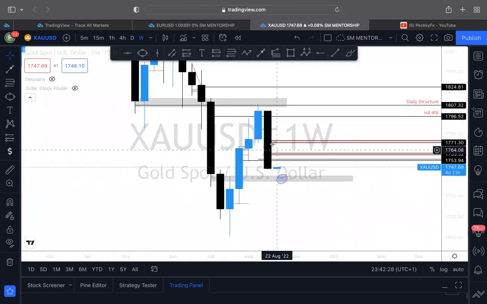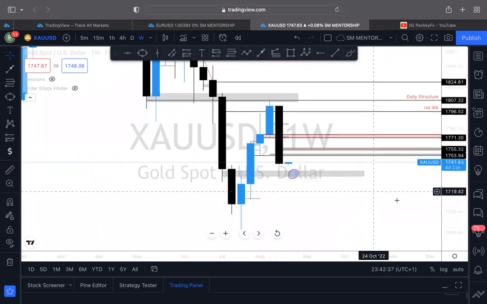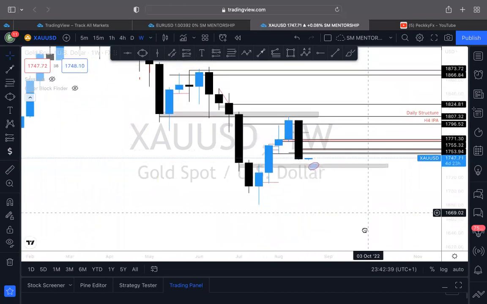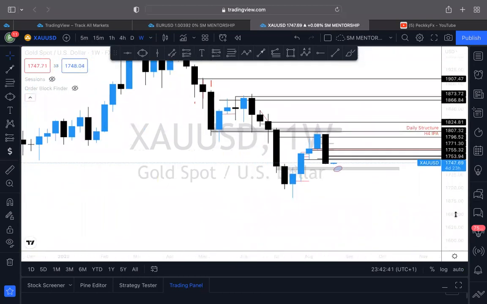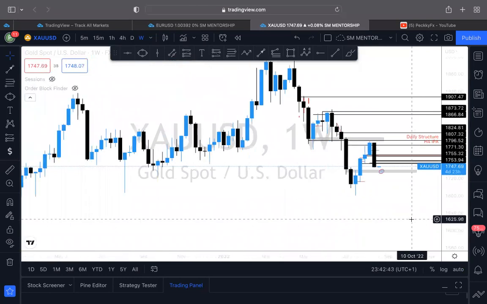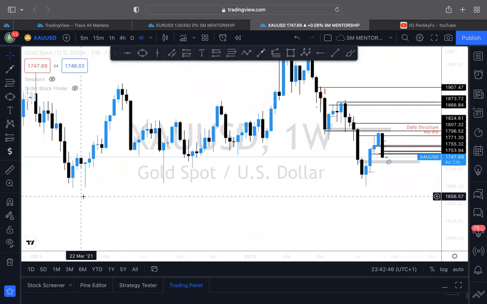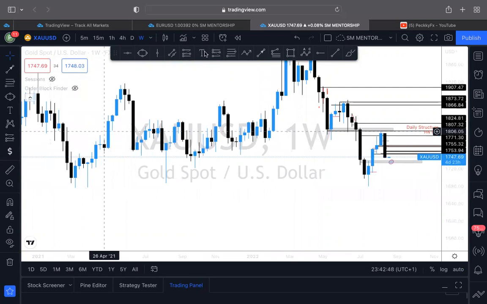So almost the same thing on EU, same thing on gold. So this is the point where, yeah, down, down, down. So expecting to run below this liquidity here, right here.